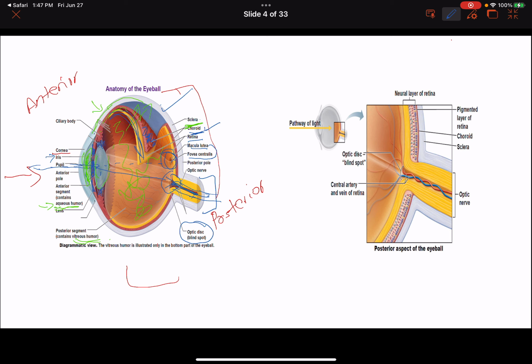Here the light pathway is going from here to here. You can see the layer over here, the neural layer of the retina. There is the pigmented layer of the retina.